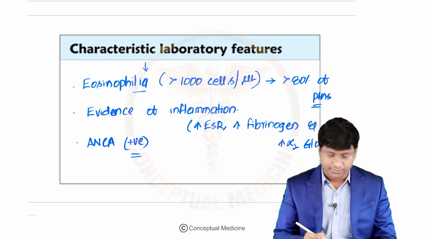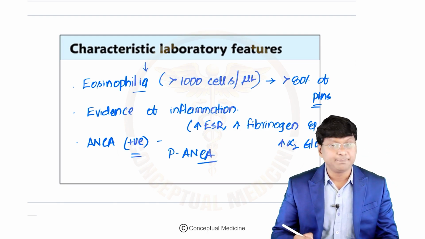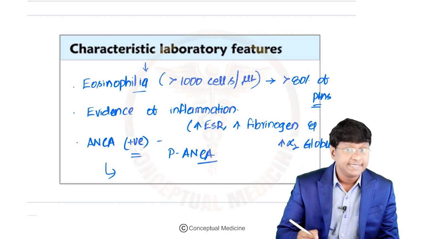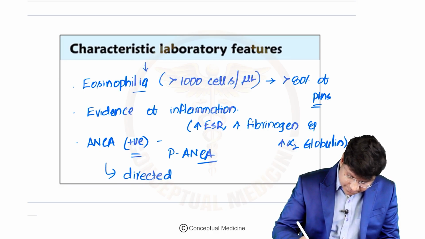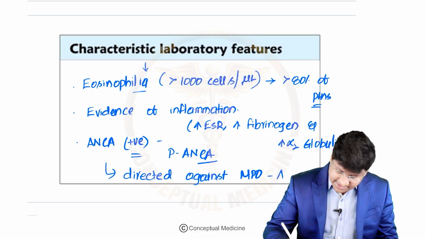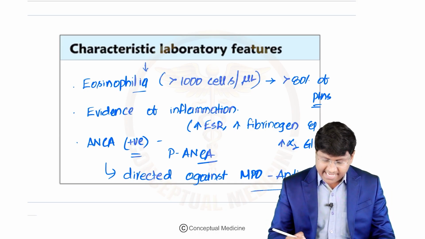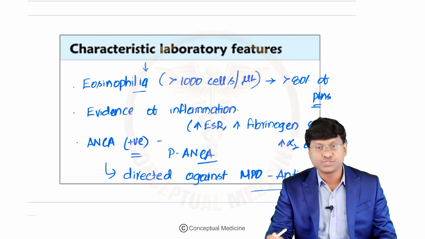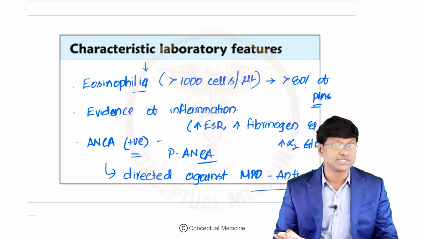And what ANCA is that? That is P-ANCA. And this P-ANCA is usually directed against myeloperoxidase, that is, anti-myeloperoxidase. So these are the characteristic laboratory features in patients with Churg-Strauss syndrome.